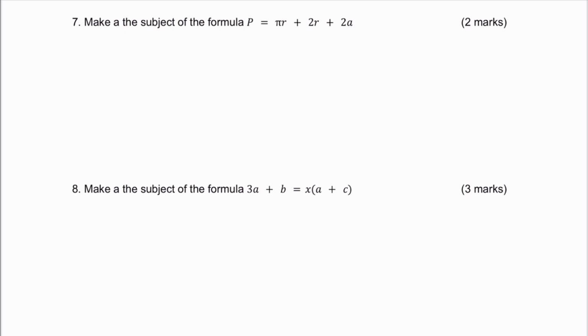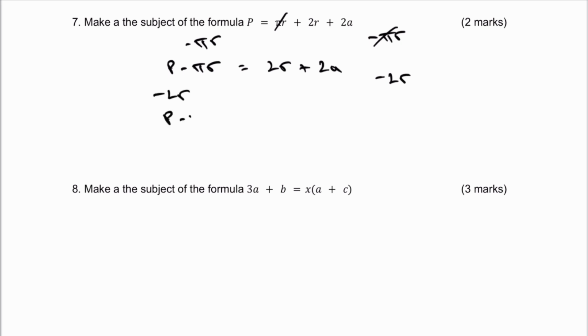I need to minus pi r from both sides. I'm going to do that, which is going to give me p minus pi r, because that and that go, and that's going to equal 2r plus 2a. I need to minus 2r from both sides, and that's going to give me p minus pi r minus 2r equals 2a, and then I need to divide both sides by 2.